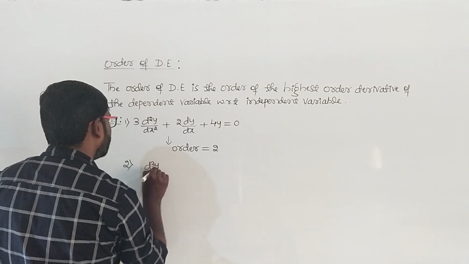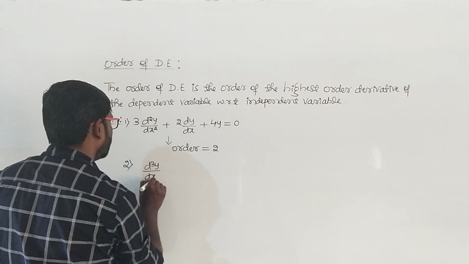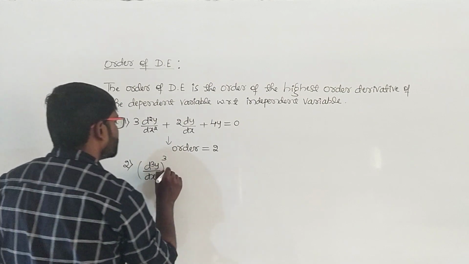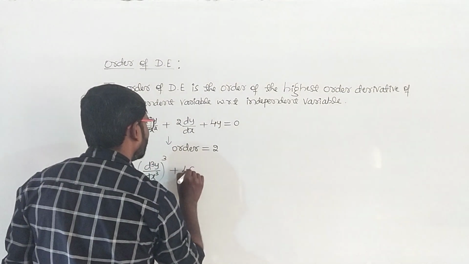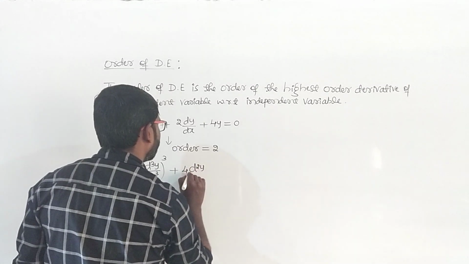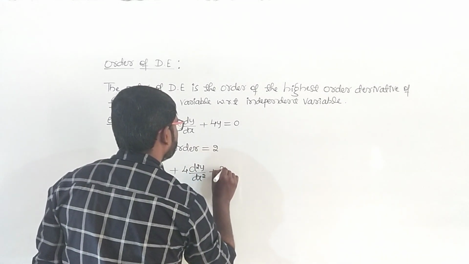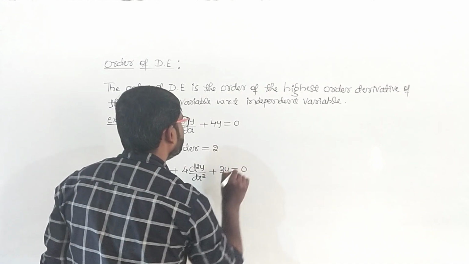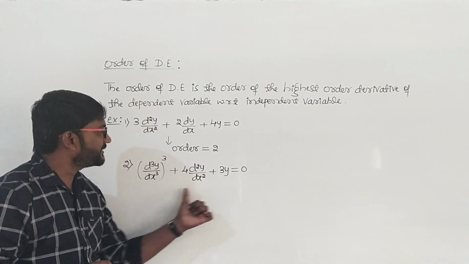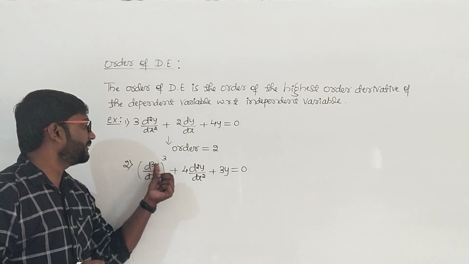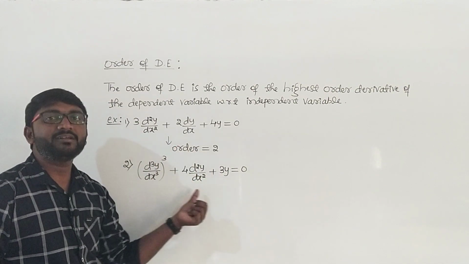d cube y by dx cube the whole cube plus 4 d square y by dx square plus 3y equals 0. In this differential equation, the highest order is 3. We have the third order derivative, and here we have the second order derivative.